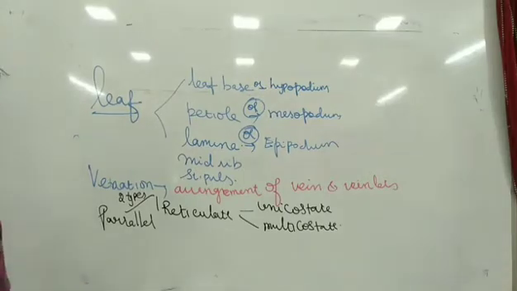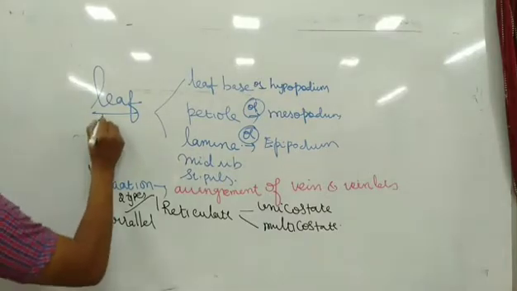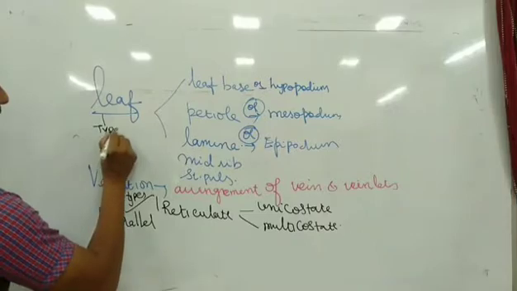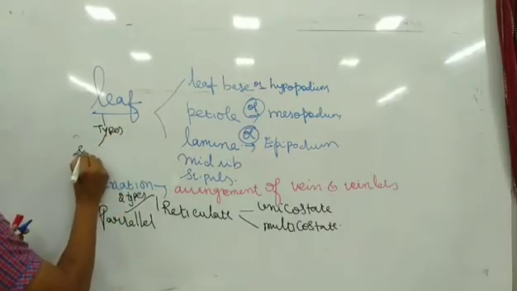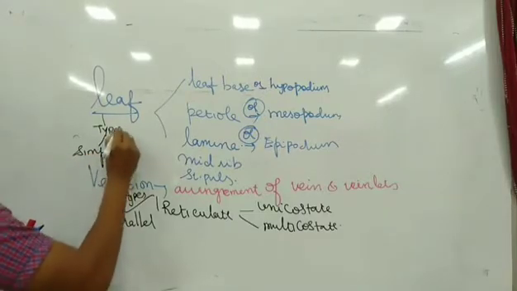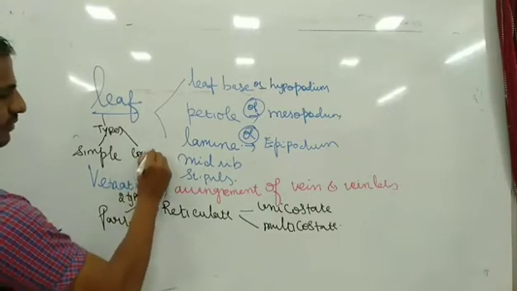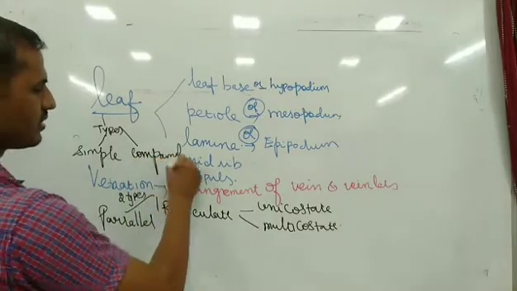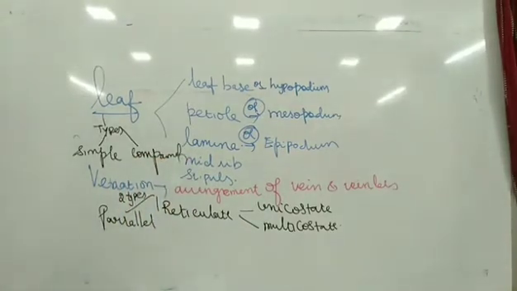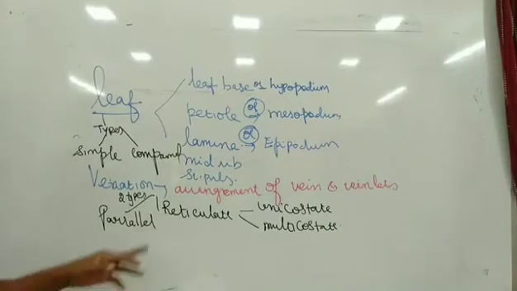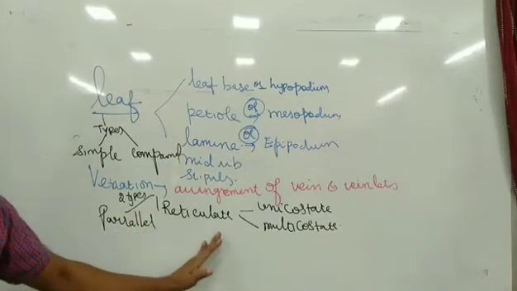Now the types of leaves. I said venation; now the leaf types. The leaf may be a simple leaf or a compound leaf. The venation may be parallel or reticulate.